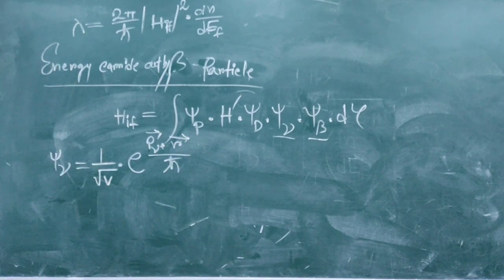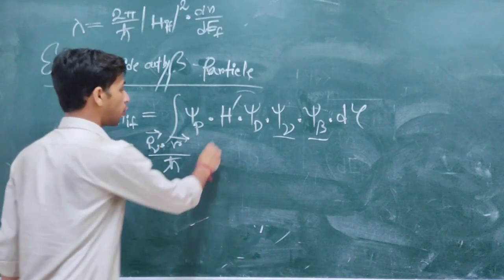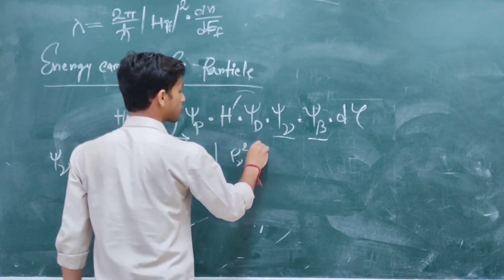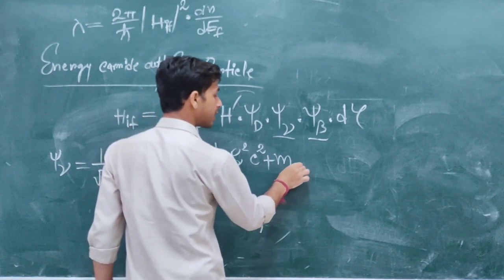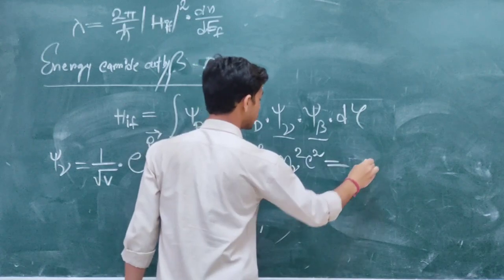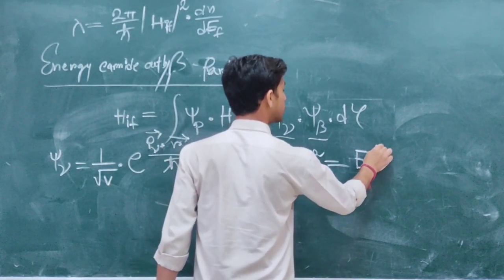This is the wave function for the neutrino. To calculate this p nu, we have to consider the formula p nu squared c squared plus m nu squared c to the fourth equals the energy value, that is E nu squared.